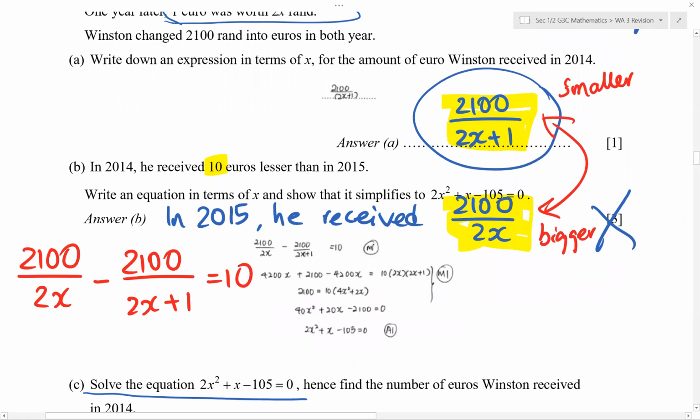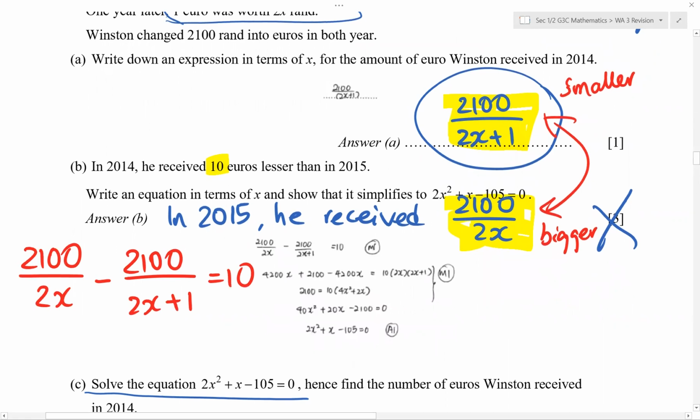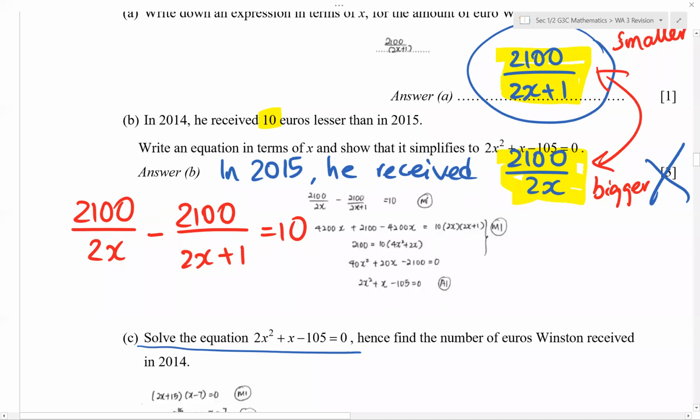So this on the left-hand side, in red color, is our formation of equation. With that, it is just your standard addition and subtraction of fractions. Carry on with your standard steps, you will obtain 2x squared plus x minus 105 equals 0.